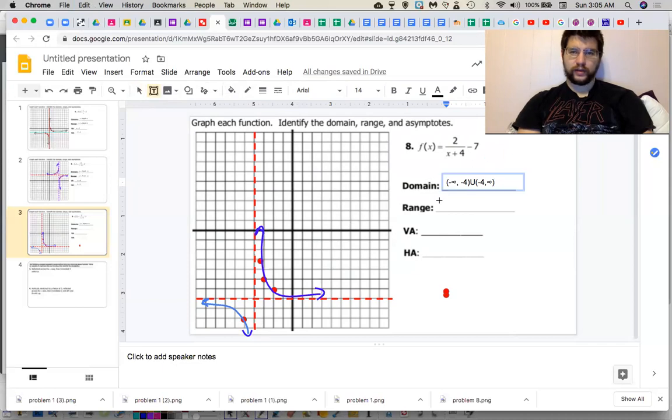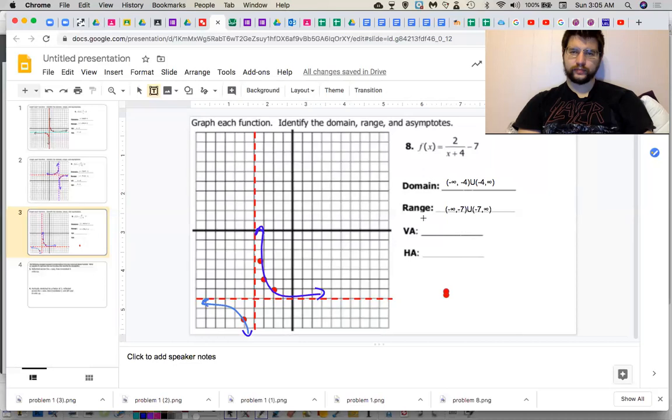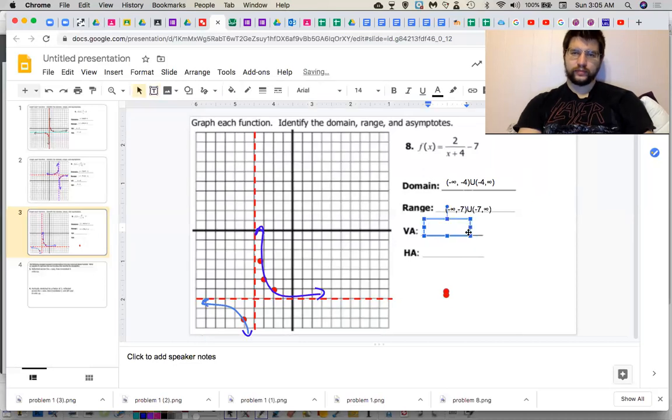The range breaks up at -7. Vertical asymptote: x equals -4. Horizontal asymptote: y equals -7.